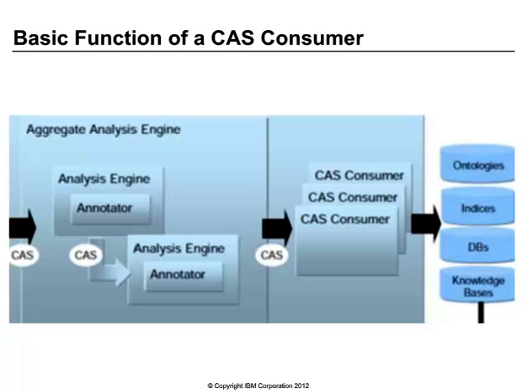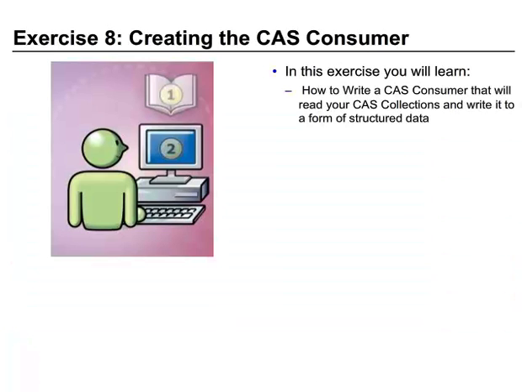The CAS consumer will read all of your collections from the CAS, Common Analysis Structure, which is a result of reading unstructured data. It will then write this information into your structured data repository so that traditional tools can be used to read it. In this exercise you will learn how to write a CAS consumer that will read your CAS collections and write them to a form of structured data.